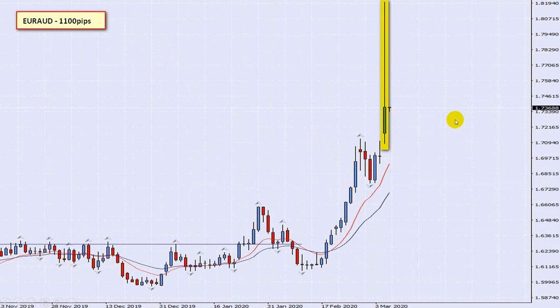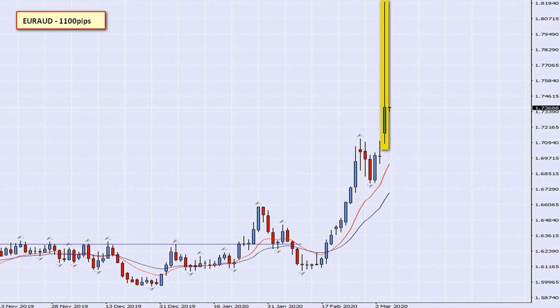Even if you had a one mini lot trade on something like that, that has moved 1,100 euros. That's about $1,600 Australian. So imagine if there's a one lot trade, that magnifies significantly.